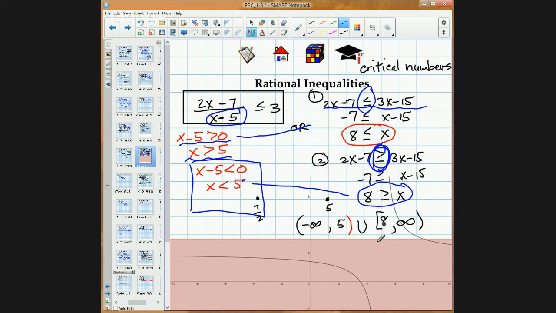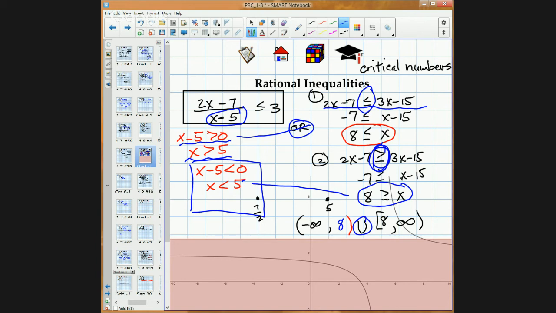This should really be a 5. Let me redo that. Okay, so what we have here is a split graph. And remember, we said the word or here, and sure enough, that means we got to paste them together.